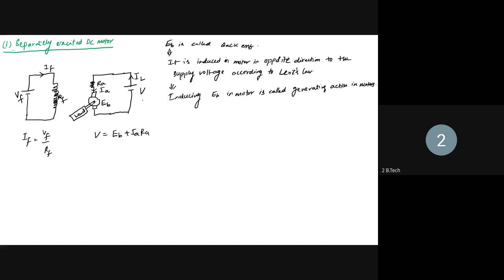Whereas in the case of a generator, we connect the prime mover and rotate it. Whenever it is rotated, it induces the EMF and applies the voltage to the load. But here in the case of a motor, we are giving the voltage here and the current flows inward into the armature, and it is rotating the load, right? So the load will be rotated in this direction.